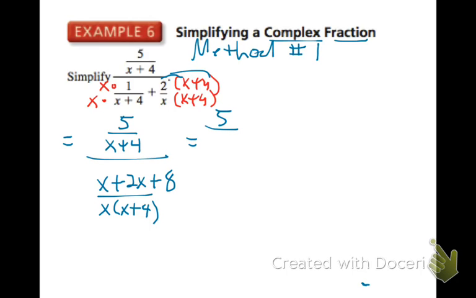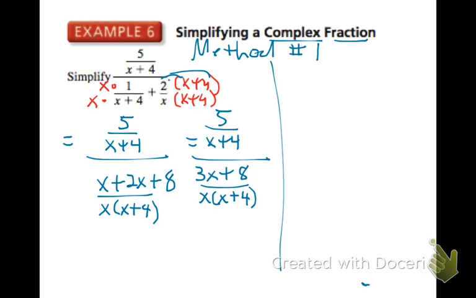Now I'm just going to rewrite my top fraction. And then here I will get 3x plus 8 over x times x plus 4. I'm going to leave my denominator factored, as we've gotten used to doing.